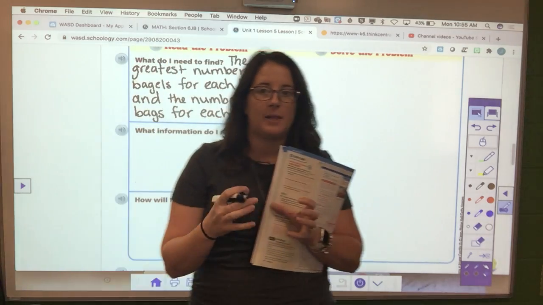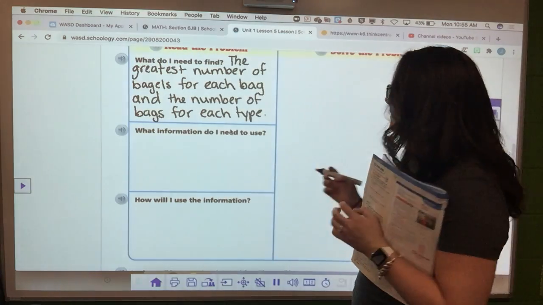We can't mix the plain bagels and the onion bagels. We have to keep them separate.